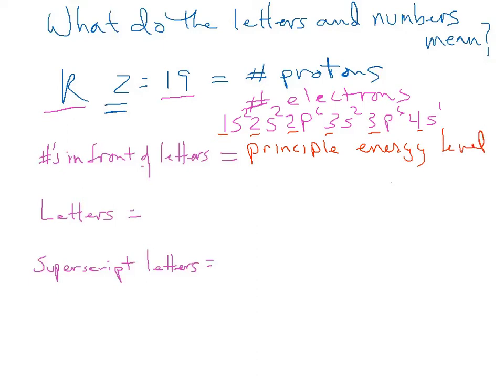Okay, the letters. The letters here are S, P, S, P, S, and there are more letters than that: you have S, P, and then D and F. These are types of orbitals.